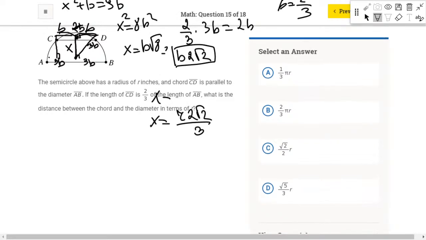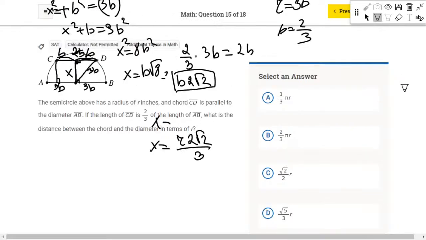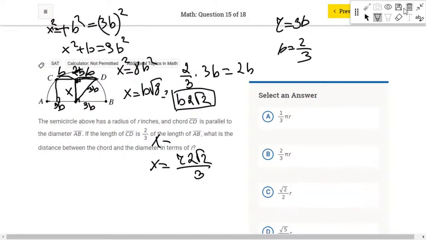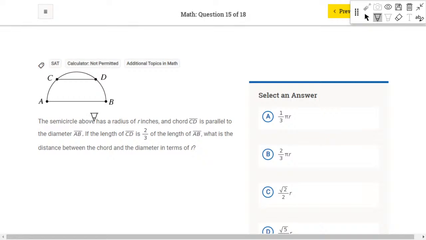I see no answer here. Let's find where I made a mistake. Let's redo it, but with normal numbers like r. So this is r, this is x, this is r, and what is this? If all of CD is 2/3 of r, half of it is going to be 1/3 of r, right?